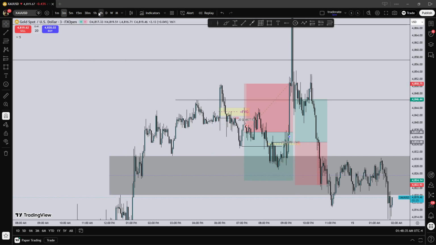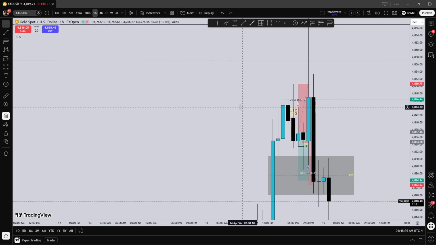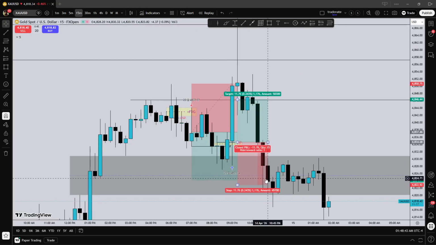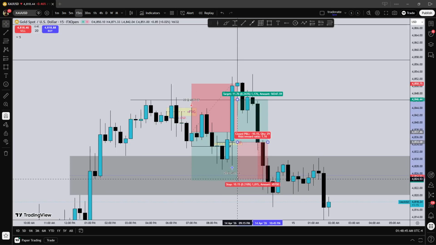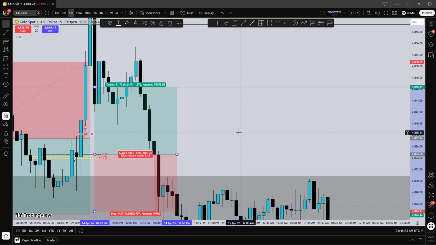Stops could be resting below the 50% right here, these lows. Then targeting a 1 to 1.